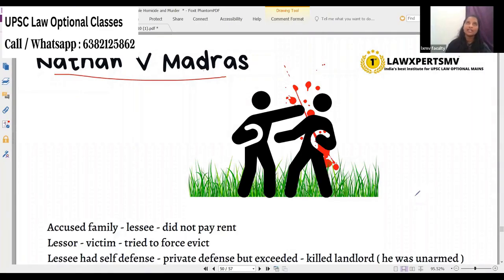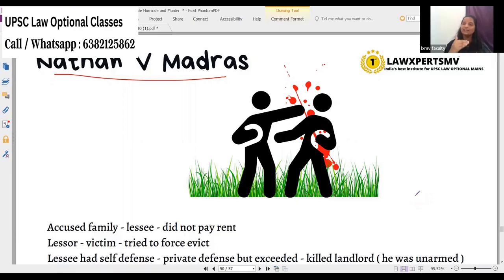Now the tenant, when they are forcefully evicted, of course, they have a right of private defense to resist it. But he exceeded the right of private defense and gave him very fatal blows, with a spear, everything he used, and he killed the landlord. But the landlord was not having even a small weapon.